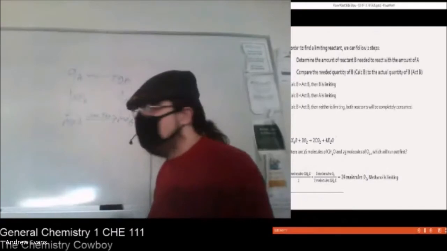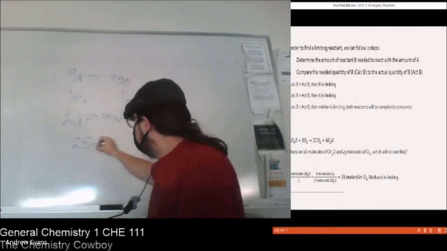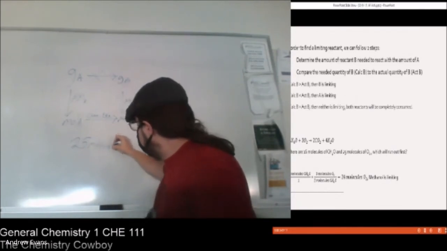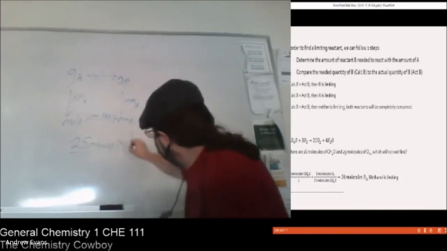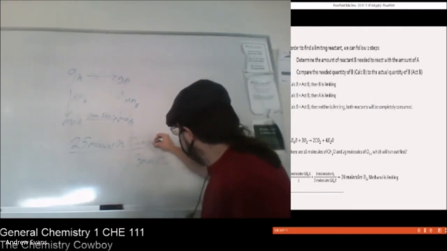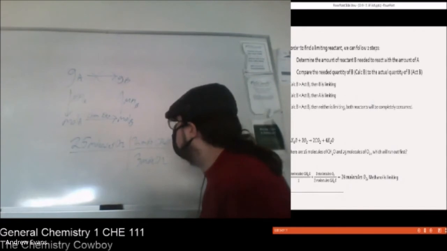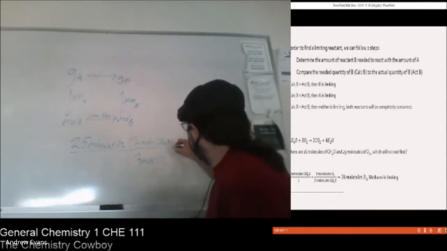If I said, how much methanol do I need for 25 molecules of oxygen? I have 25 molecules of oxygen. This is O2. There are 3 moles O2 per 2 moles CH4O. So 50 divided by 3, you would get 16.67 molecules of methanol.